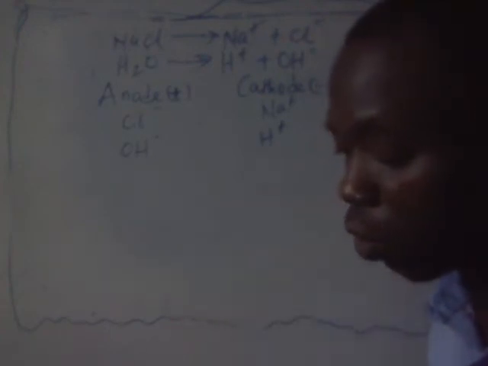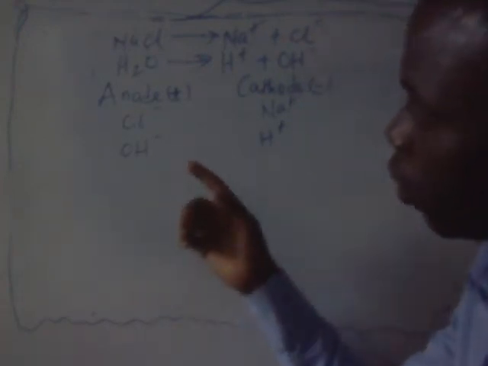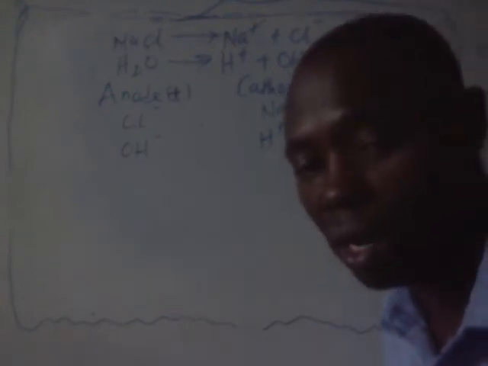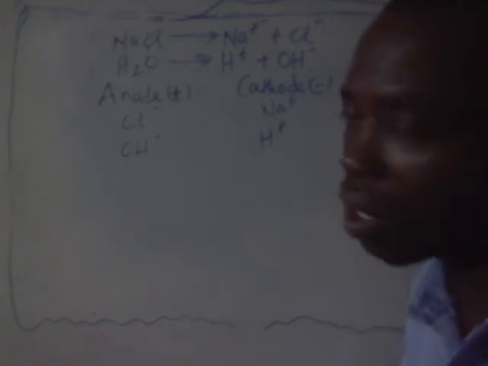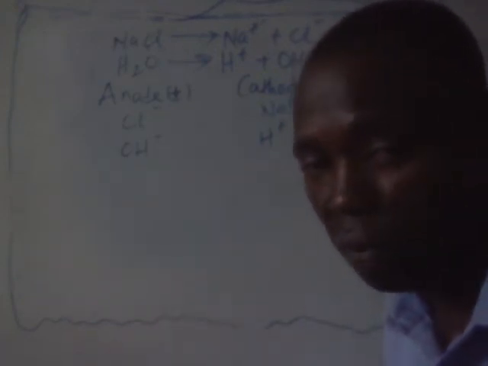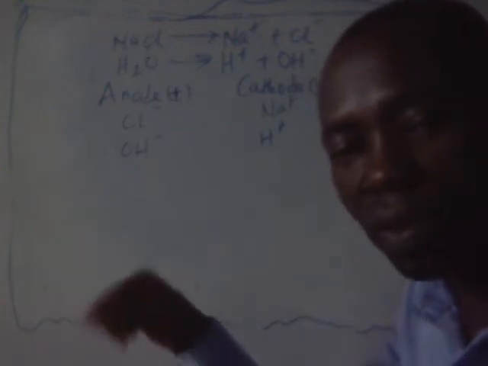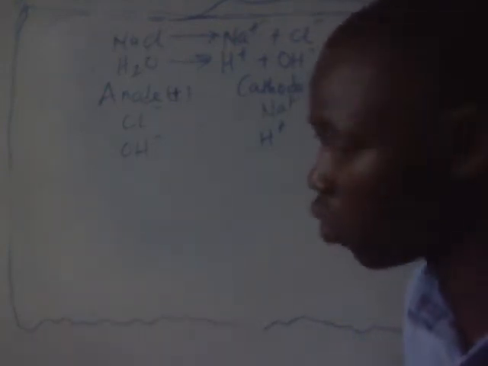At each electrode, there will be competition as to which one will preferentially discharge. You can't just say this one is discharged or that one is. It is based on three factors, but one is dominant. The most dominant is what I'm going to use.